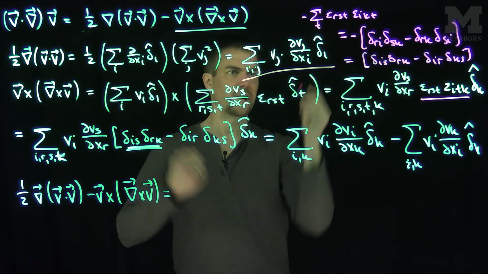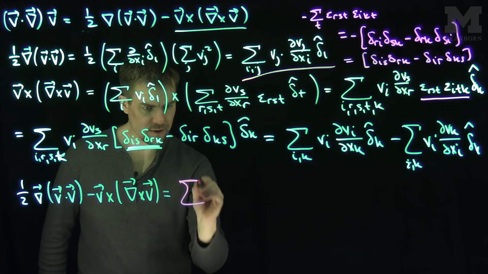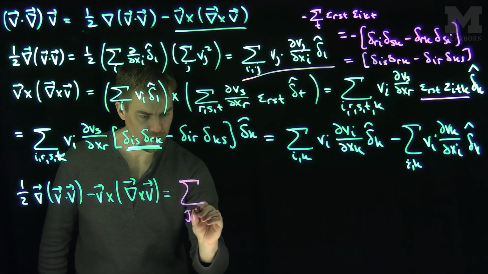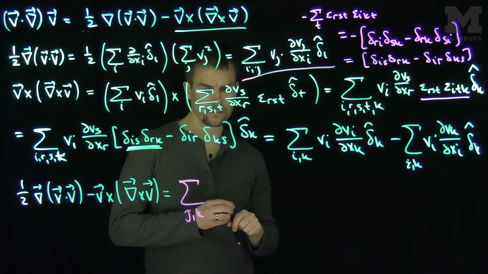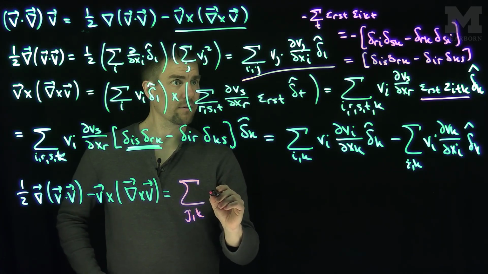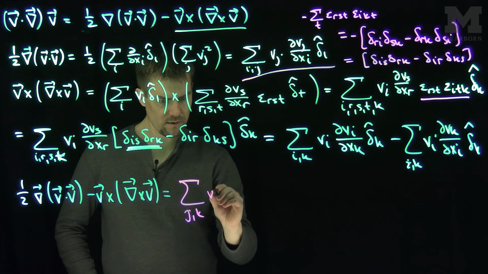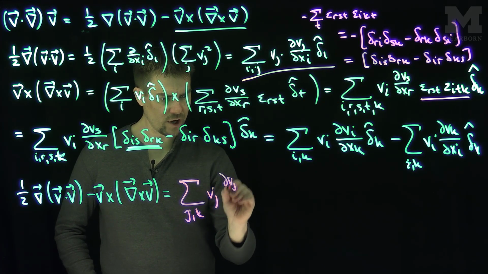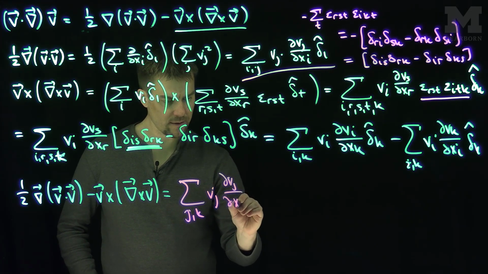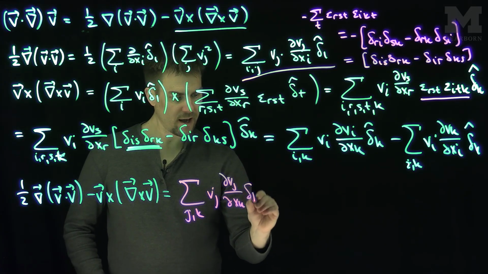If I just turn these i's into j's, it won't change anything. It is the sum over j and k of v_j, partial v_j, partial x_k, and then delta k hat.